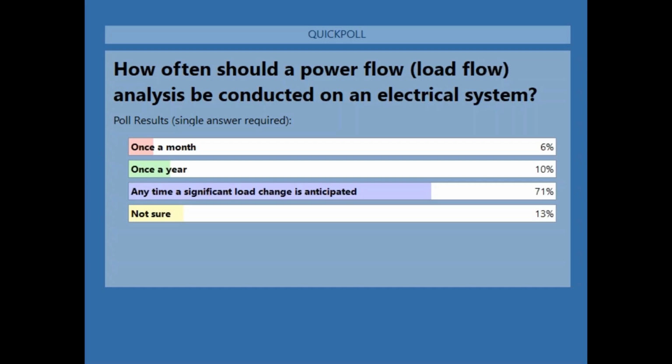There are times when the system is mature and there's no changes going on, and so you can do a load flow less frequently, and the idea there is to catch a trend or develop a trend in the early stages. And then obviously, the time I think that most people engage in the load flow analysis is when we're expecting a change in the loading or a change in the configuration of the system.